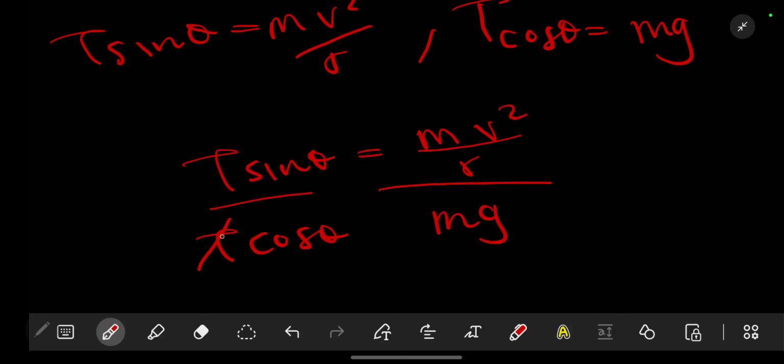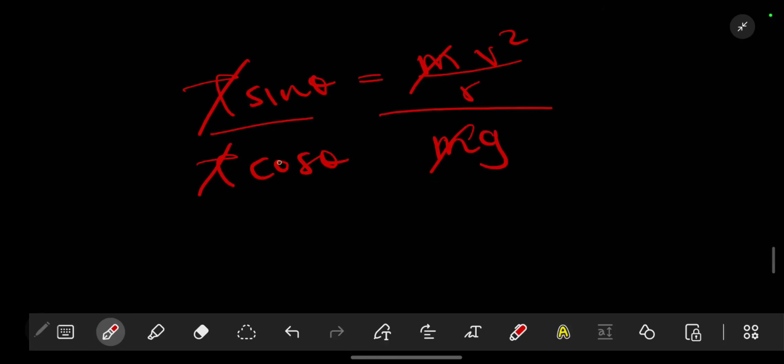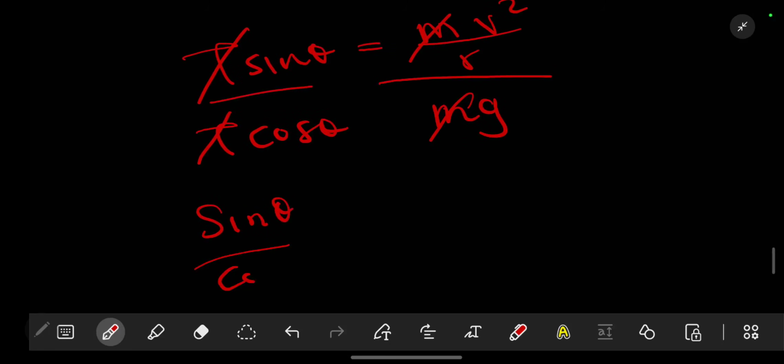The m and m cancel. If m was down there, it could have multiplied because they are both on the denominator, but since the m is up there, this and this will cancel. What are we remaining with? We are remaining with sine of theta over cosine of theta equal to v squared over r.